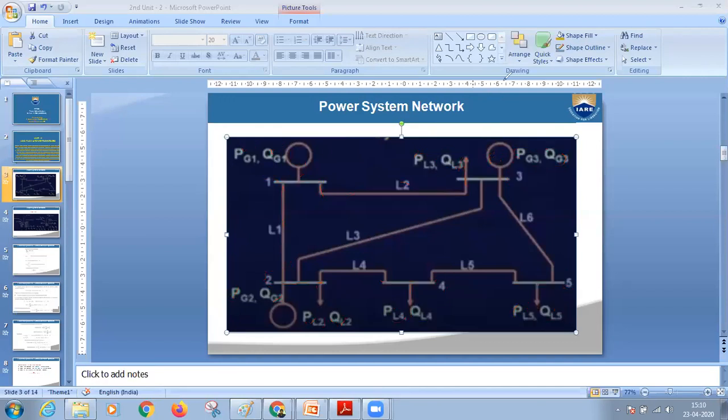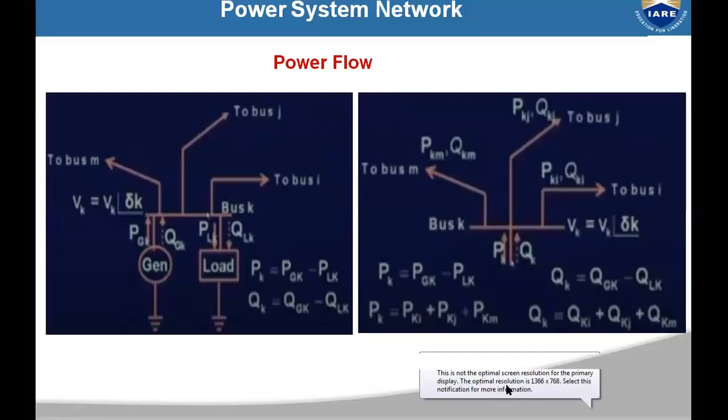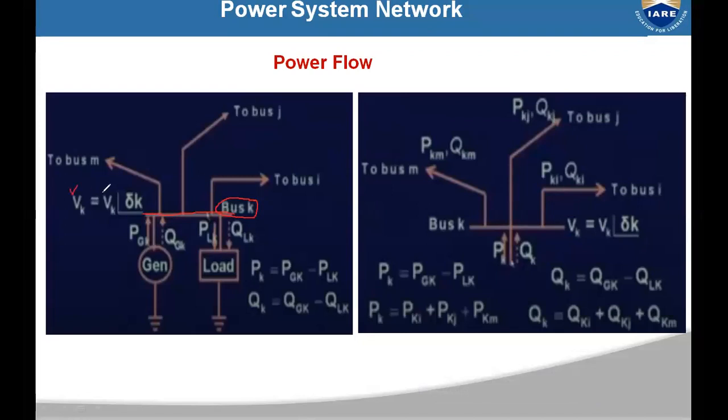Now consider only one single bus and analyze it. So I am taking only one bus, let us take bus K. At this bus, the specified voltage is Vk.